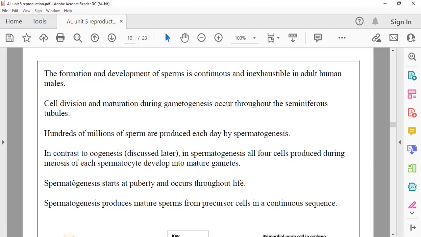It will never stop. It will never end. That is inexhaustible. That means a male, even if he reaches 100 years old, he will produce sperms.